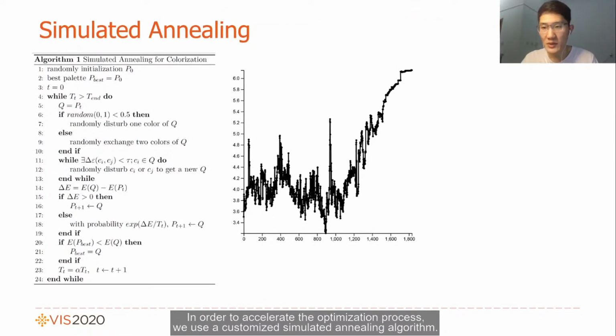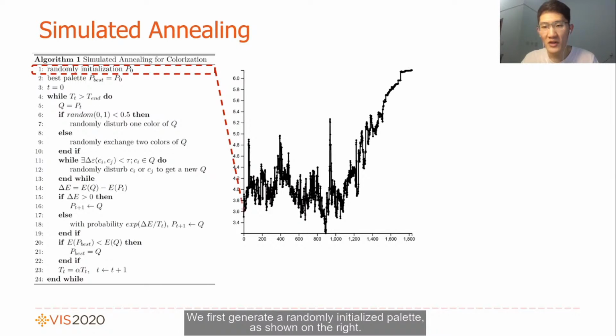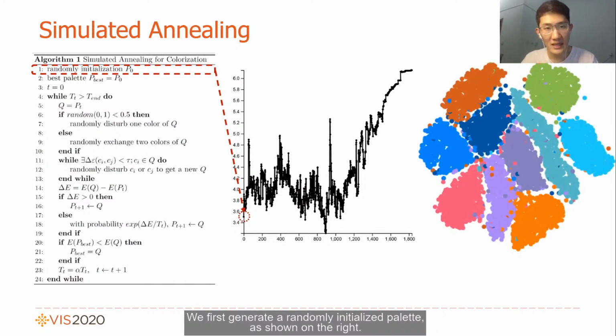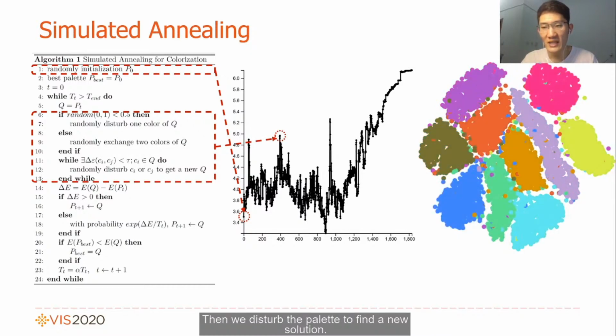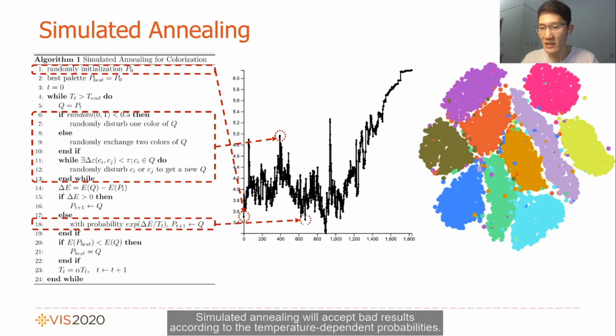In order to accelerate the optimization process, we use a customized simulated annealing algorithm. We first generate a randomly initialized palette, as shown on the right. Then we disturb the palette to find a new solution. Simulated annealing will accept bad results according to the temperature-dependent probabilities.